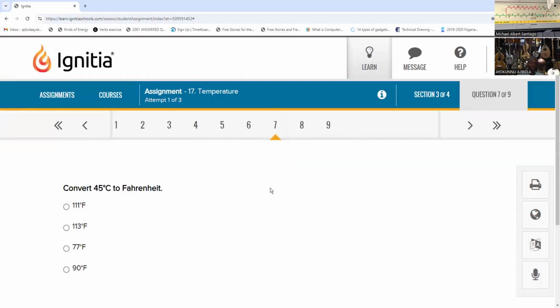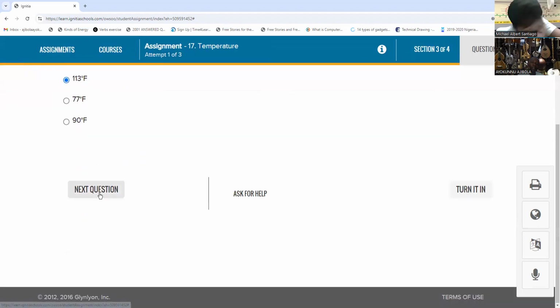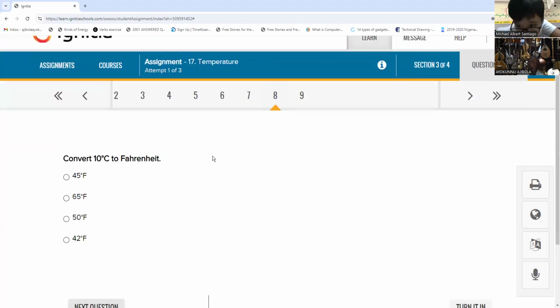Then the next one, convert 45 degrees C to Fahrenheit. From 45 degrees C, we multiply by 1.8, and that's 81, then plus 32. That's 113 Fahrenheit. Is that clear? Yes. Convert 10 degrees C to Fahrenheit. Now try this one.